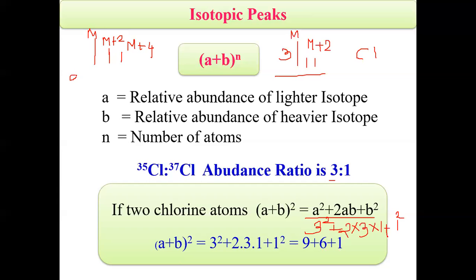So M will have an intensity ratio of 9, M+2 will have 6, and M+4 will have 1. So the intensity ratio for these isotopic peaks will be 9:6:1 for chlorine.